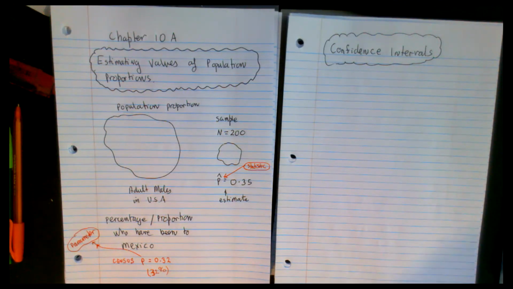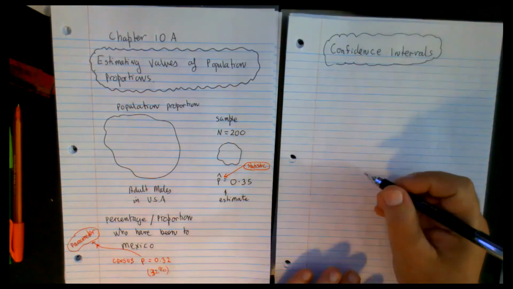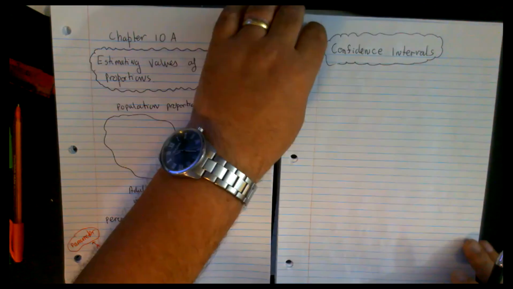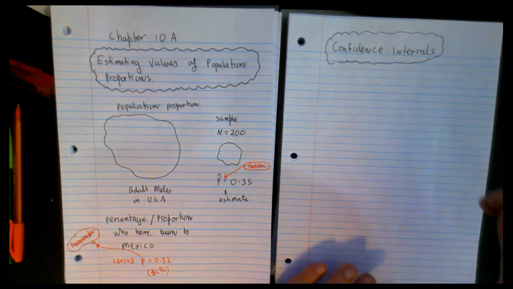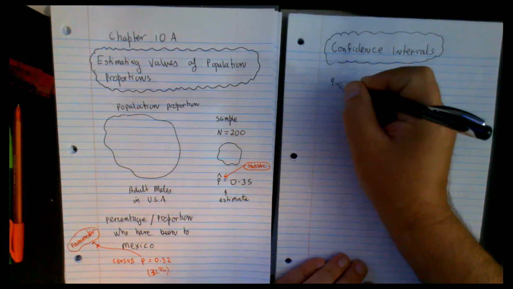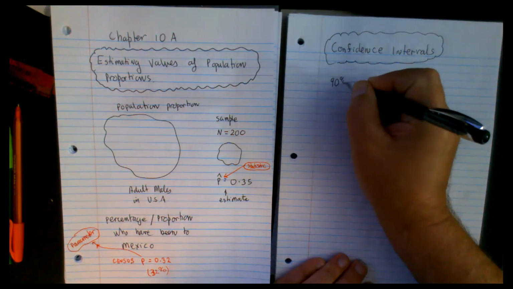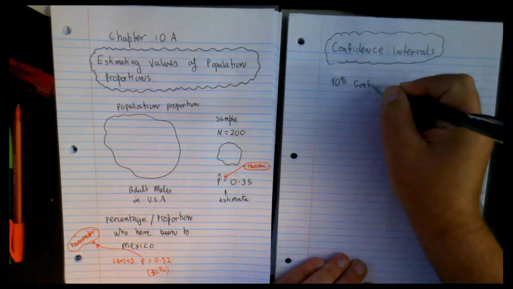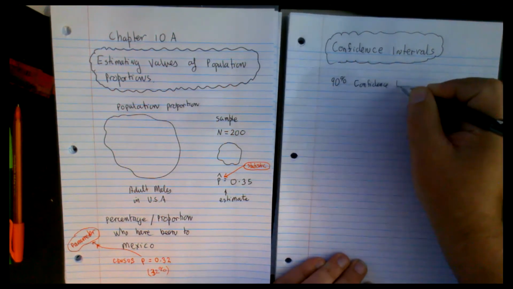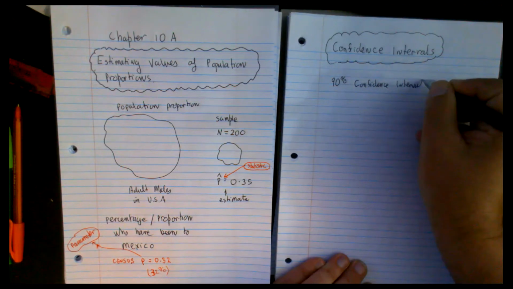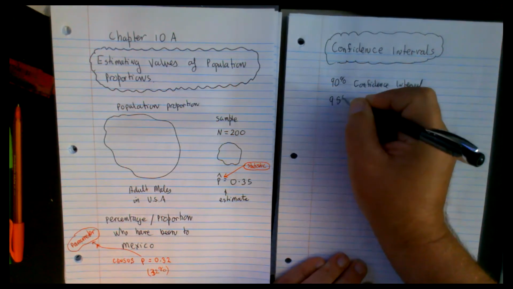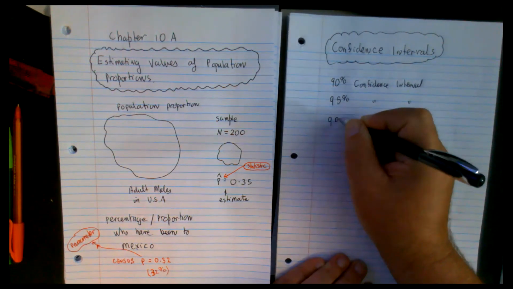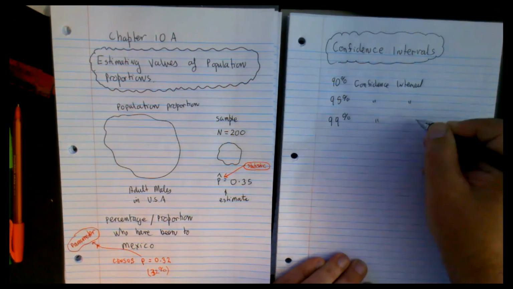So we're going to use that guy, the 0.35, to create one of typically 3, although the book has a 4th one I don't like. And these confidence intervals are the 90% confidence interval, the 95% confidence interval, and the 99% confidence interval.